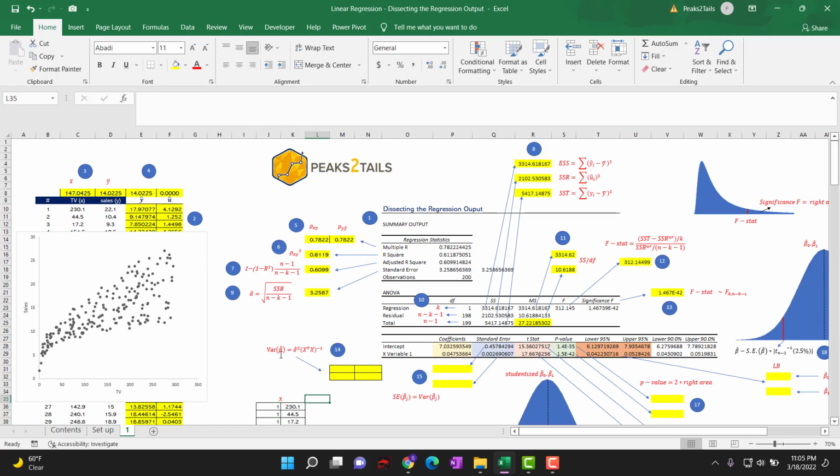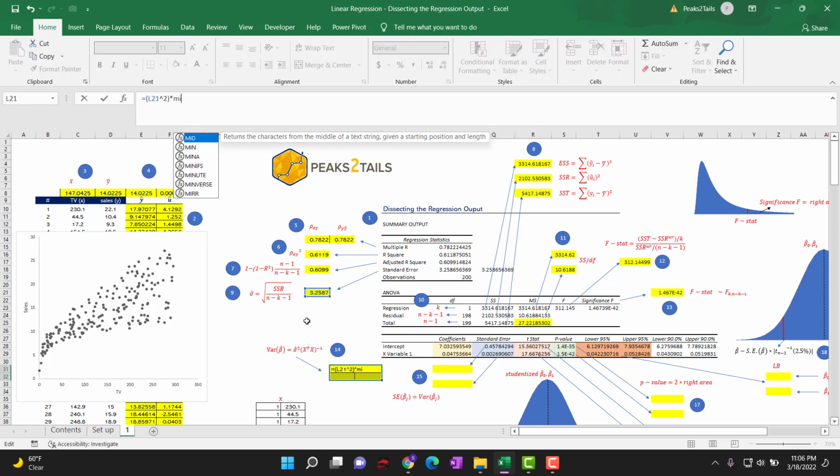And the variance covariance matrix for the two beta coefficients, that is beta 0 and beta 1, will be a 2 by 2 matrix. So I'll highlight these 4 cells and equal to, we have the estimate for sigma square, which is this square. Let me put a bracket here. Then multiplied by X transpose X inverse.